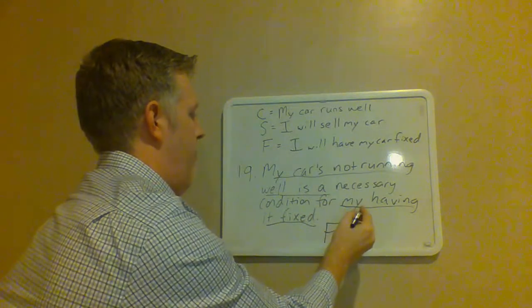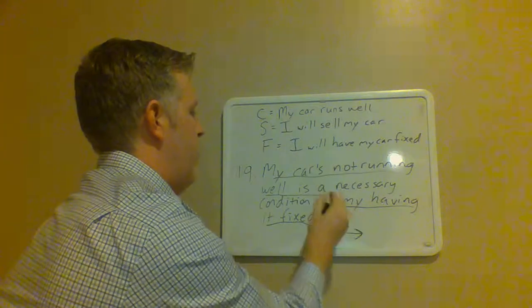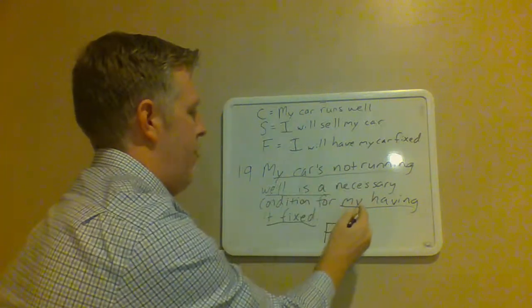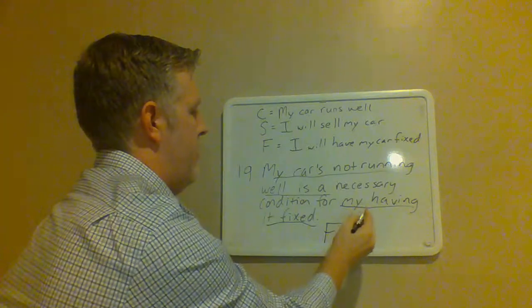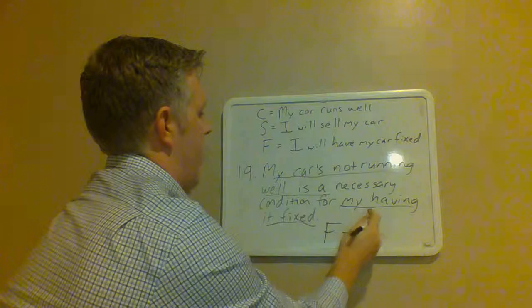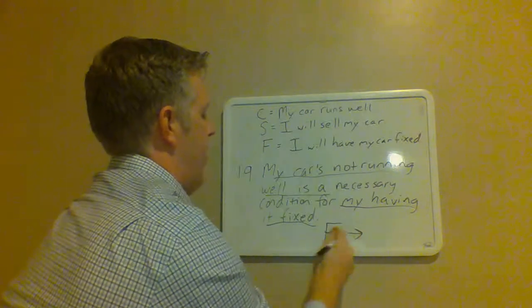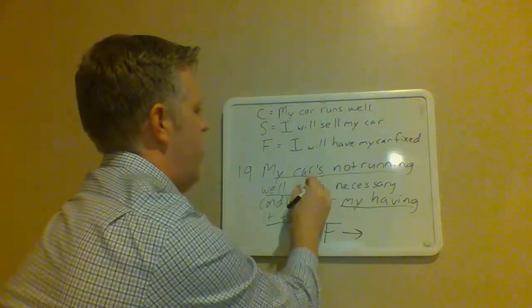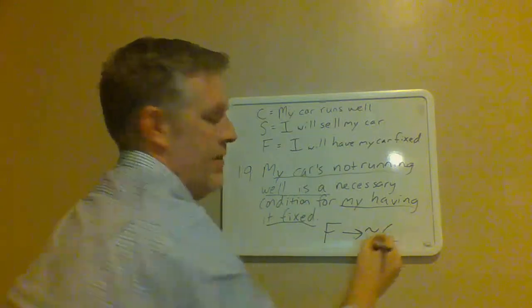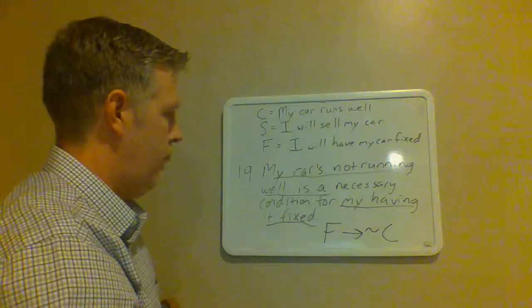So you can kind of read this as being something that's required before this will happen. So if this takes place, then in other words, this had to have taken place, right? So my having it fixed, or F, if that took place, then we know the car wasn't running well, or not the case that C, okay?